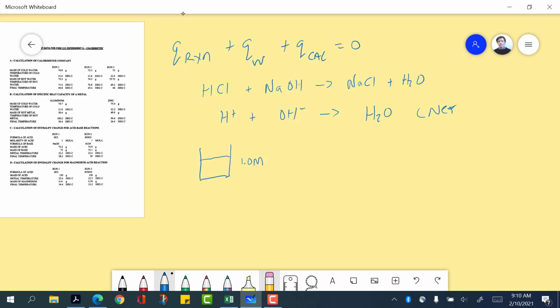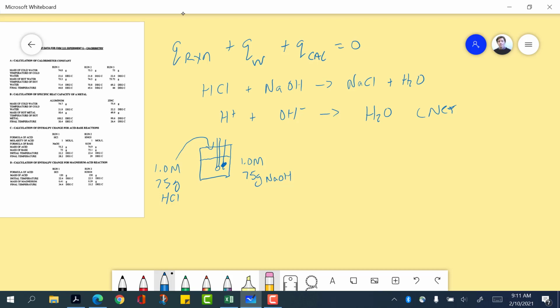So we might have in there about 75 grams of NaOH. And then what we'll do is we're going to add 1 molar, 75 grams of HCl. Again, we have our lid with our thermometer and our stirrer right there.